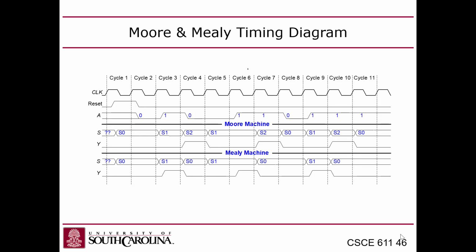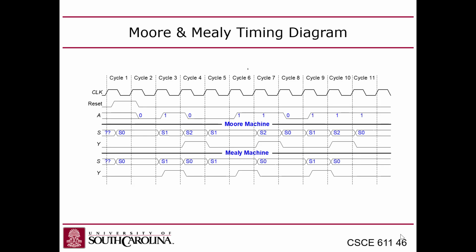In the Mealy machine, I mentioned earlier that the outputs in a Mealy machine are asynchronous because they're a function of the inputs and the state. So in the Mealy machine, there's a timing difference in that when you're in the S1 state and you get a 1 as the current input, that Y goes high right away.